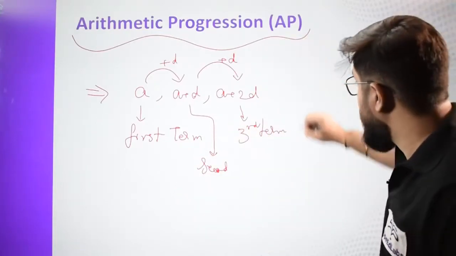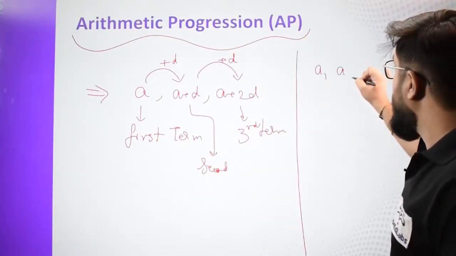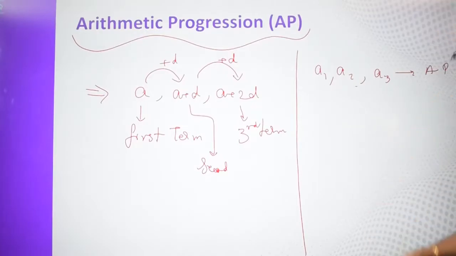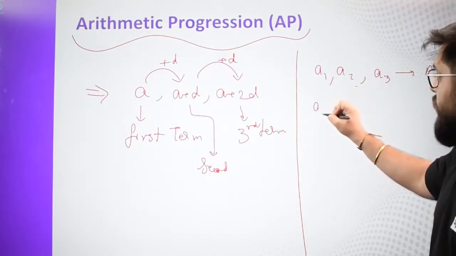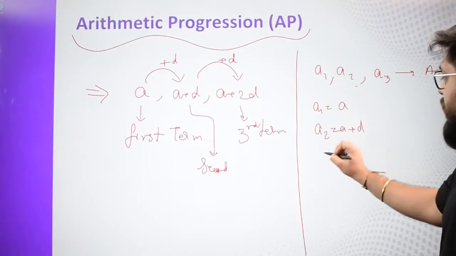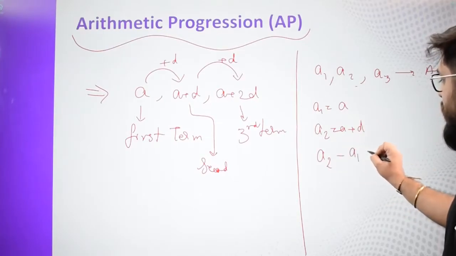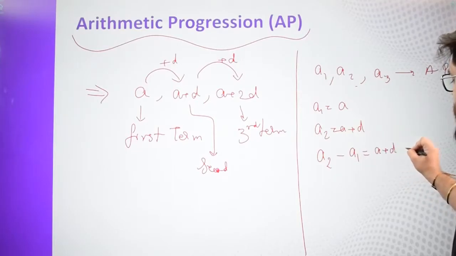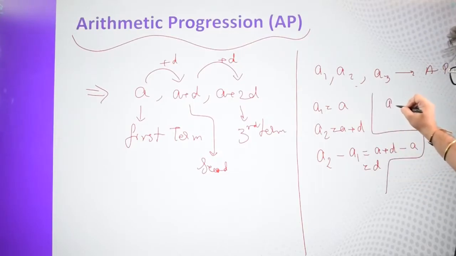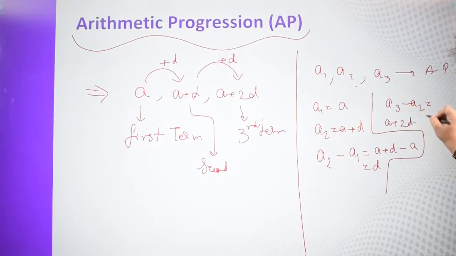So we can also say that if A1, A2, A3, these three terms represent an arithmetic progression, then if A1 is say A and A2 is A plus D, then A2 minus A1 will give us A plus D minus A, that is D. Similarly, if we calculate A3 minus A2, A3 is our A plus 2D and A2 is A plus D. So on subtracting these two terms, again we will be getting D.